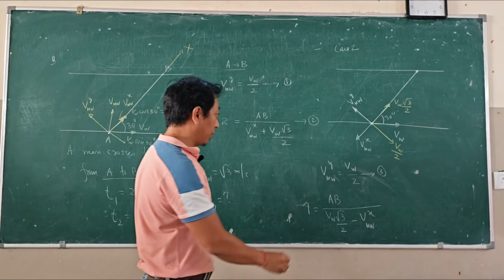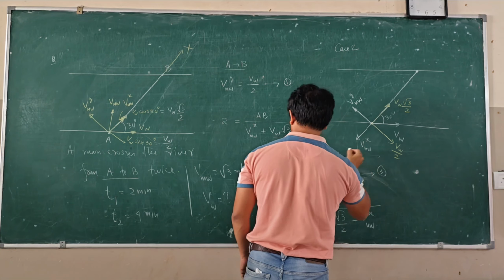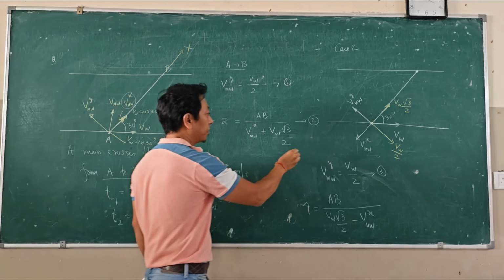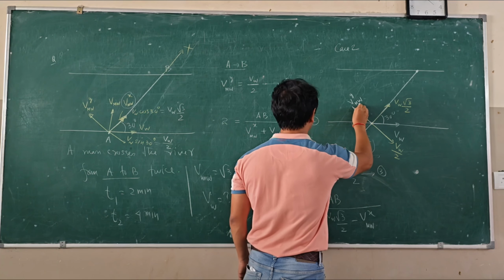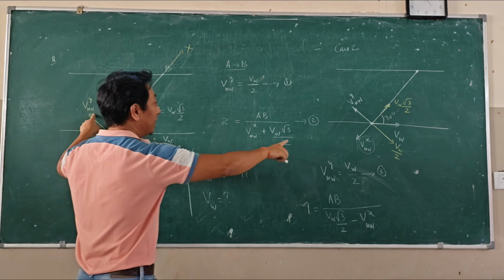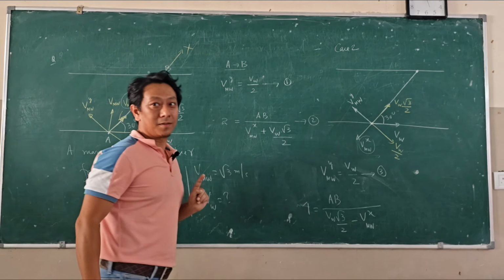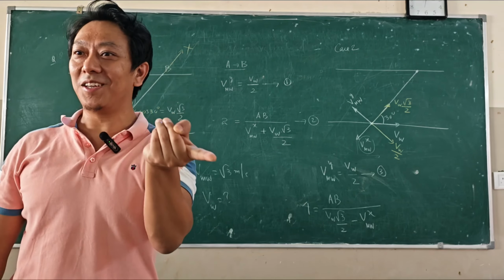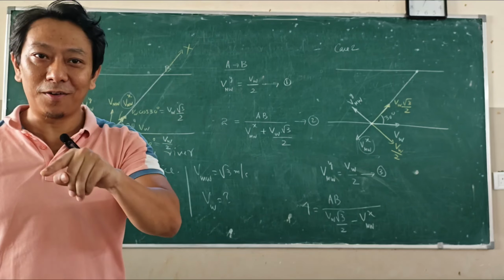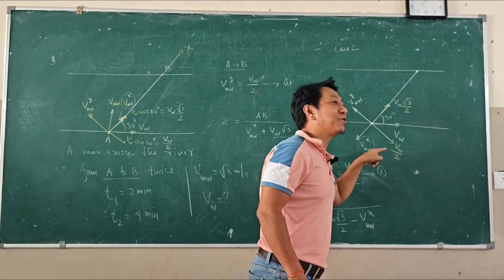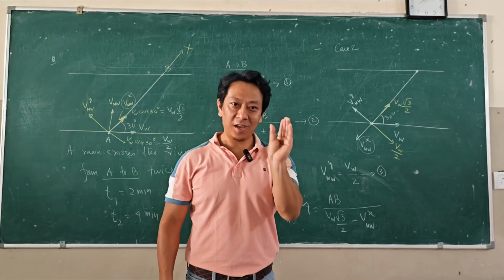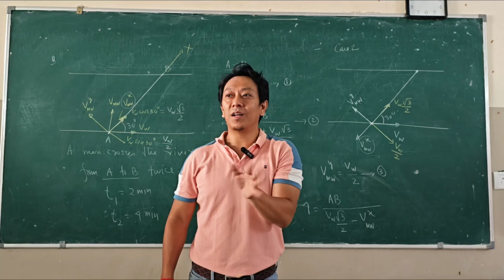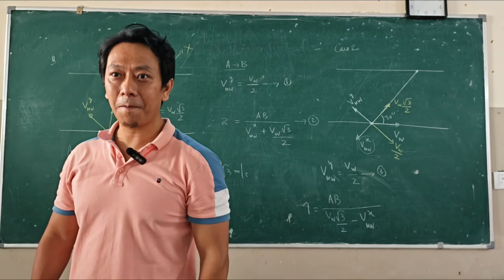Who gave me the right to assume this in magnitude is same as this? Why are these two same in magnitude? Because these two are same in magnitude and VMW is also same in magnitude, only direction is different. So therefore VMW x also has to be same. Students, if A is same, AX is same, then AY has to be same, because A is under root AX square plus AY square.